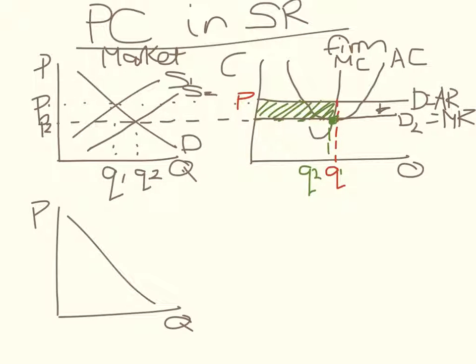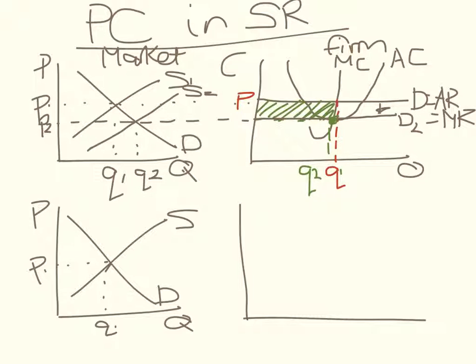Let's do another example here. So demand, supply, quantity 1, P1. Demand, perfectly elastic. Again, here's our costs, here's our output. Write out your labels on your axes in full if you're in the exam. It's just a bit difficult for me on the iPad.